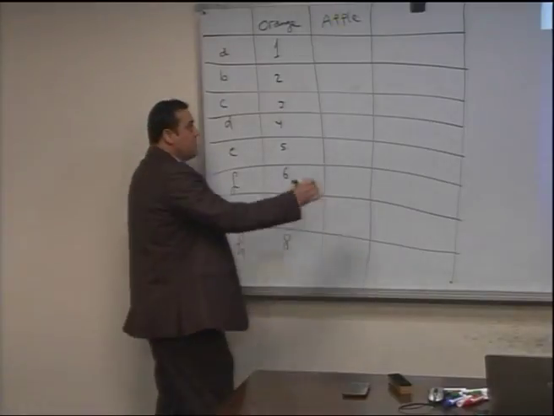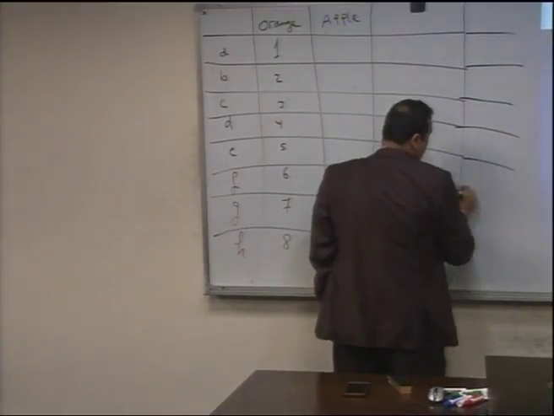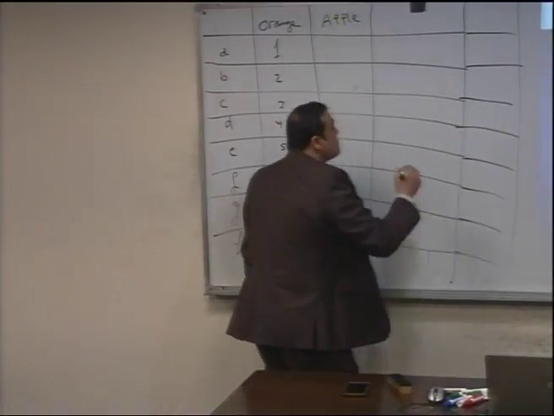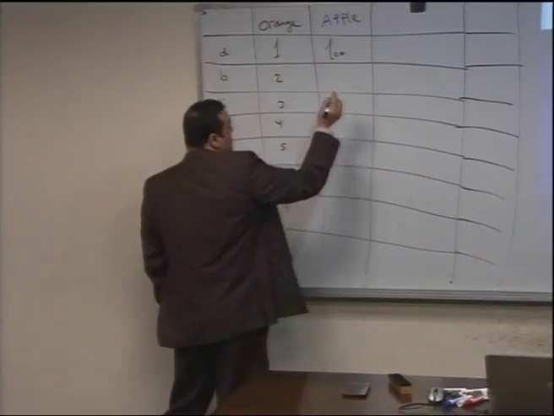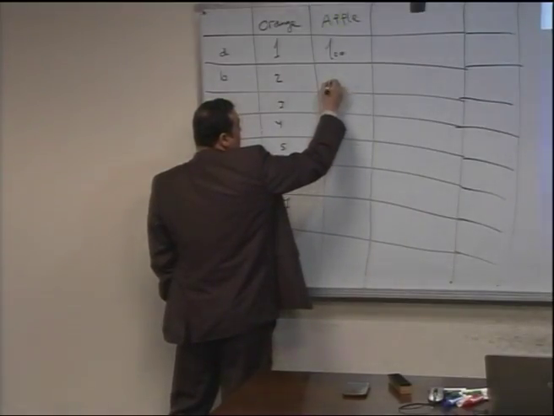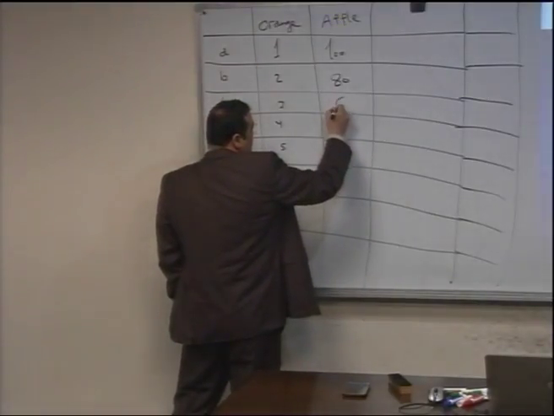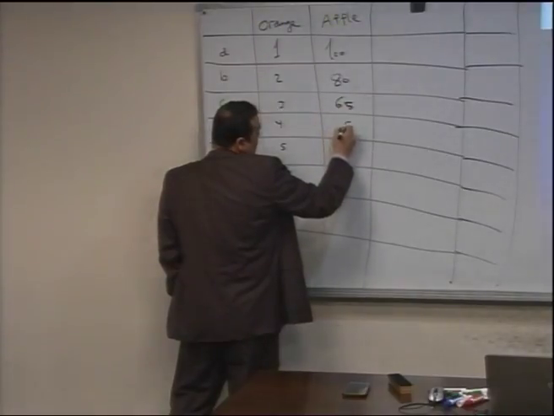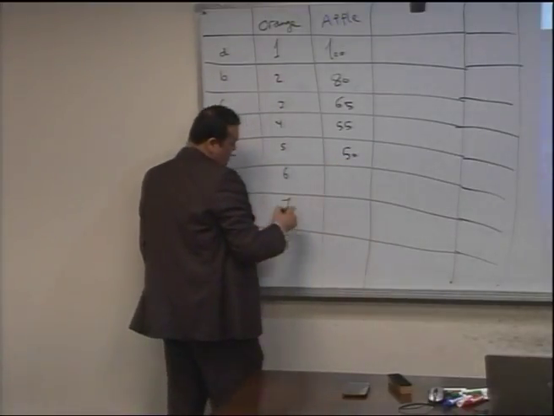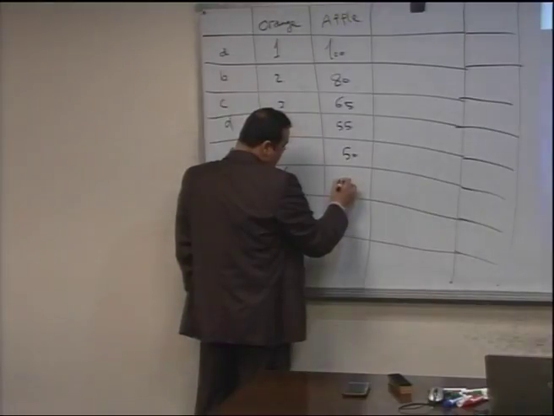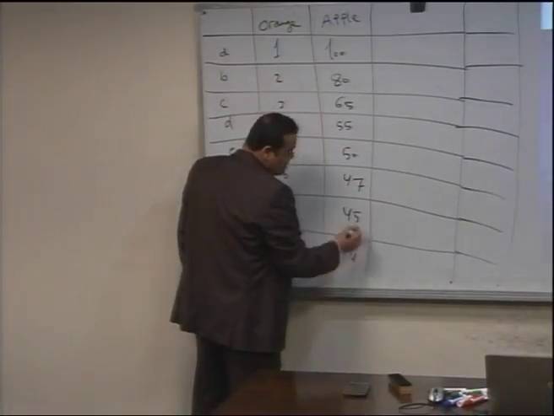And at the same time, he can consume 100 kilograms of apple, then 80, sacrificing 20, then 65, sacrificing 15, then 55, sacrificing 10, then 50, sacrificing 5, then 47, sacrificing 3, then 45, sacrificing 2, then 44, sacrificing 1.